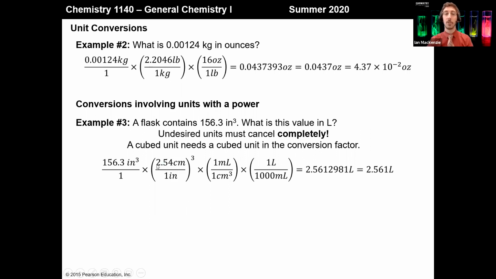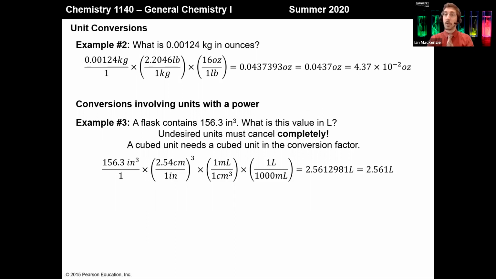So I will end up with 2.54 times 2.54 times 2.54, centimeters times centimeters times centimeters gets me centimeters cubed, over 1 times 1 times 1 is just 1, times inches times inches times inches, that's inches cubed. That will now leave me with inches cubed on the bottom, which can cancel with the inches cubed here. That now leaves me with centimeters cubed.